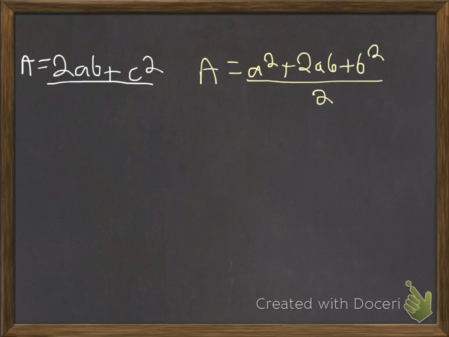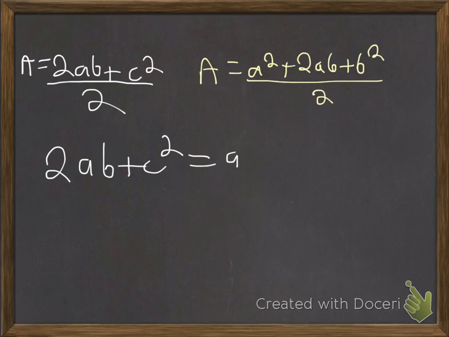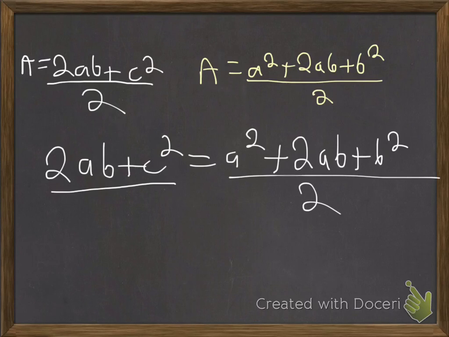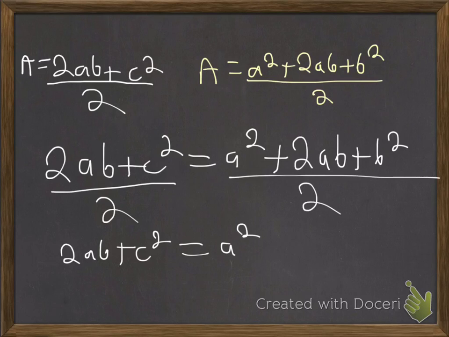Well, since these area expressions represent the same figure, they're equal to each other. So finally, President Garfield just sets them equal to one another. And then you just complete the algebra, multiply by 2 on both sides, and you're left with 2ab plus c squared equals a squared plus 2ab plus b squared.